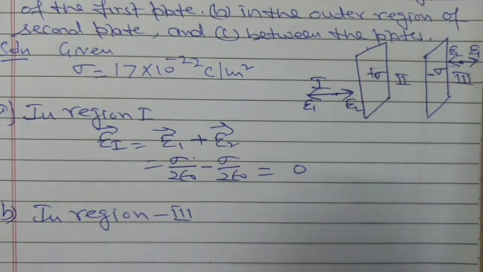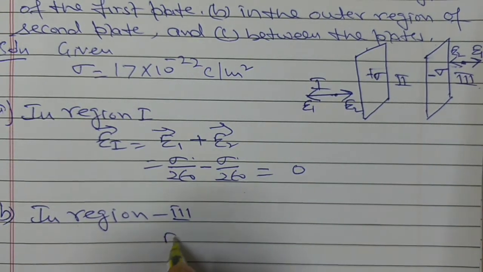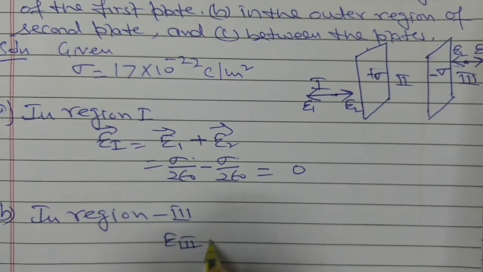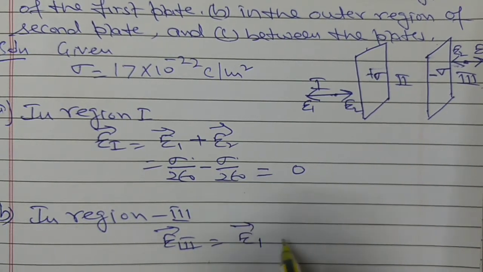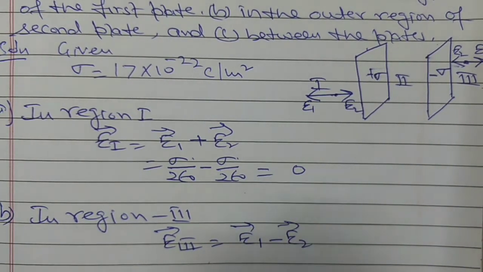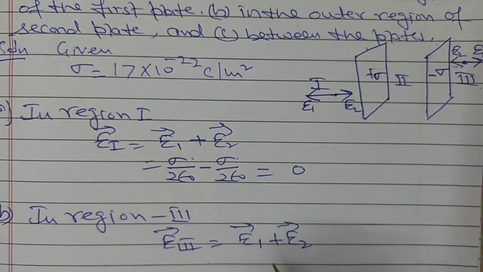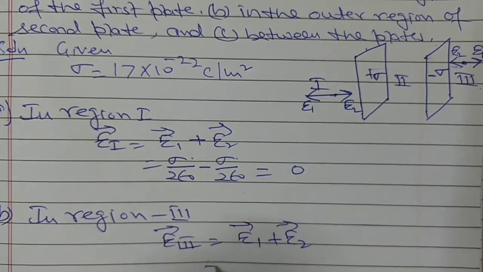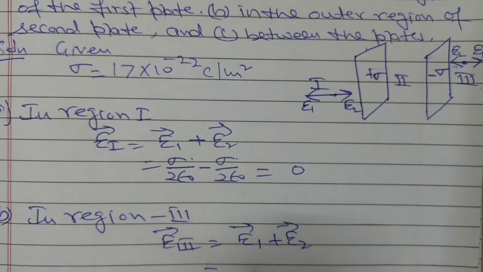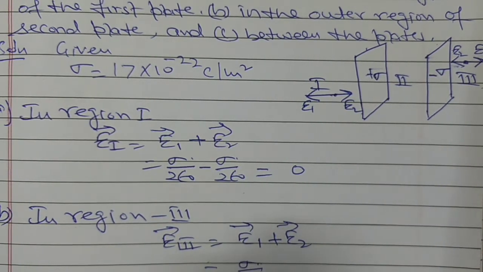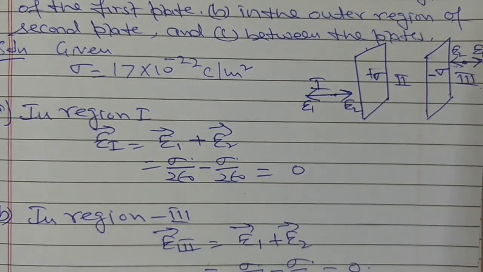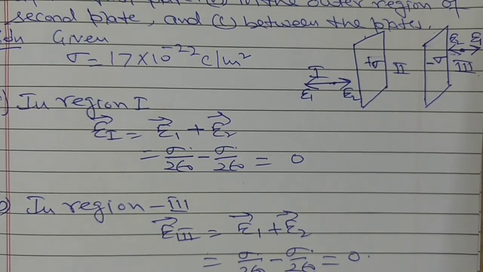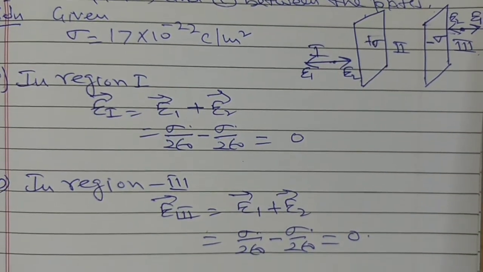This is E2, and therefore this E third is equal to E1 minus E2. Total electric field intensity, therefore here plus, but signs are opposite. Therefore this is sigma upon 2 epsilon naught minus sigma upon 2 epsilon naught is equal to 0. This is total electric field intensity in third region.